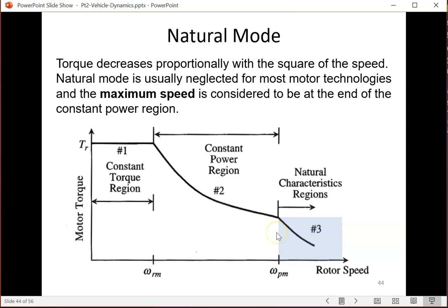So in general, when we talk about electrical motors that provide the traction force for vehicles, we are really looking at the first and second regions, the constant torque and the constant power region. And so you'll be looking at this shape.